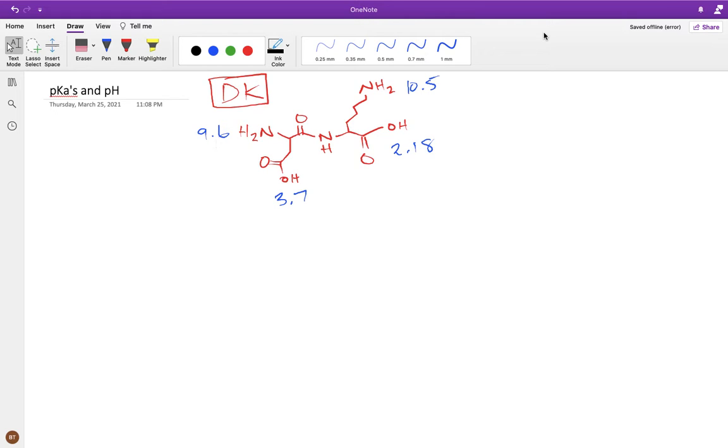First, let's define what a pKa is, and let's start by understanding what a Ka is. A Ka, if you remember back in Gen Chem, is an acid dissociation constant. Acid dissociation constants basically refer to the propensity of a hydrogen to leave a functional group.